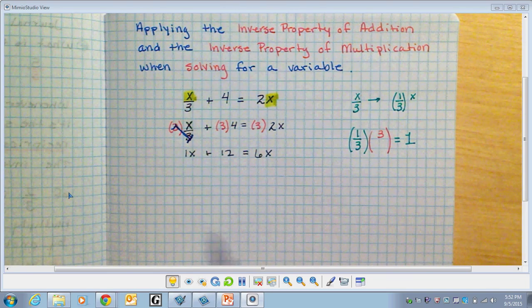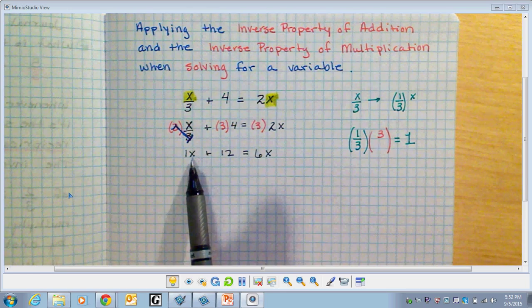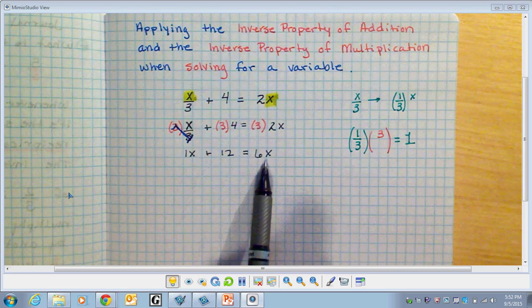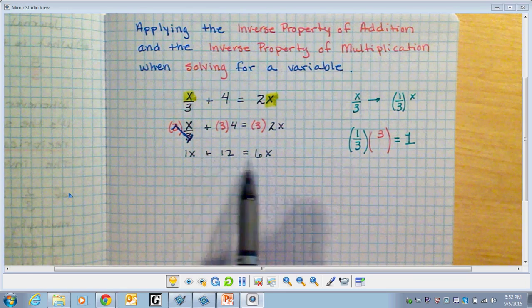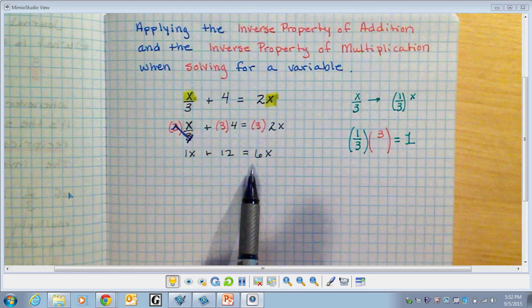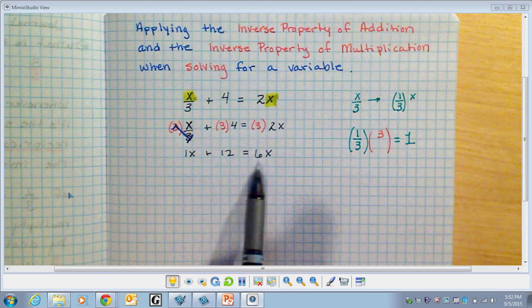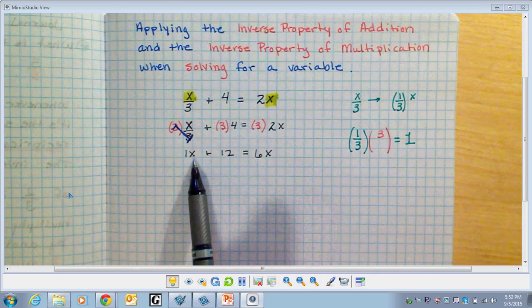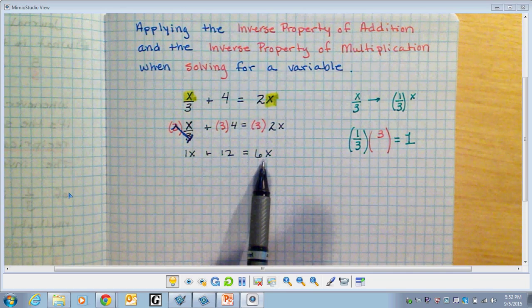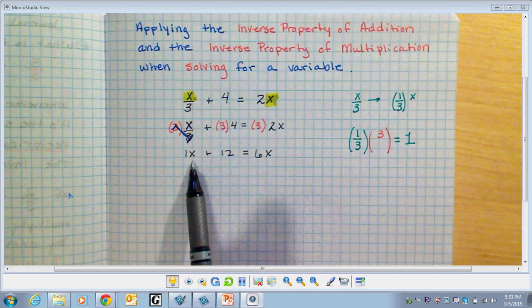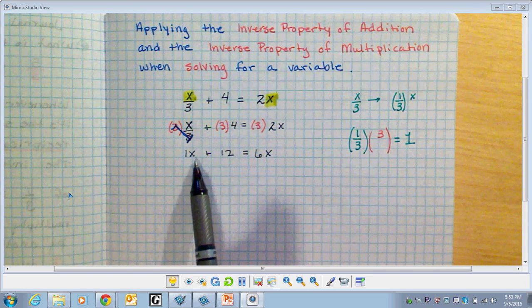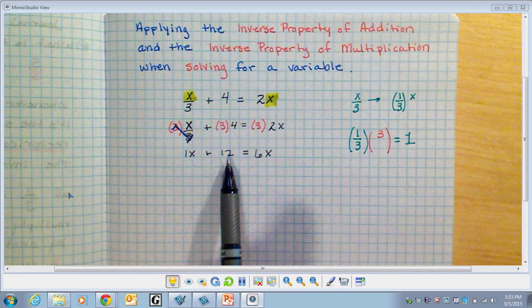So the problem is I have an x on the left and an x on the right. I want my x to be positive. So I'm going to think, which one should I move? I'm going to move my smaller x over to my bigger x. So I'm going to make this x turn into a 0, so that 12 is by itself.